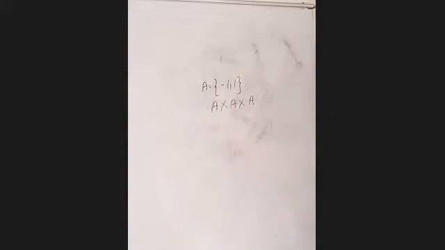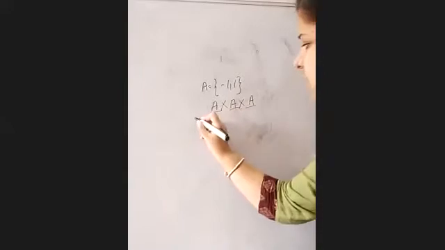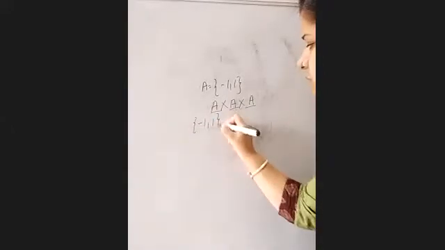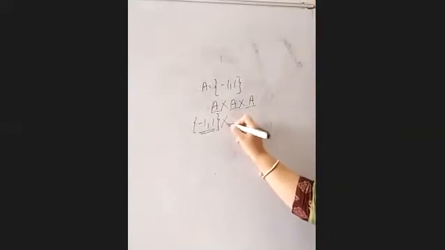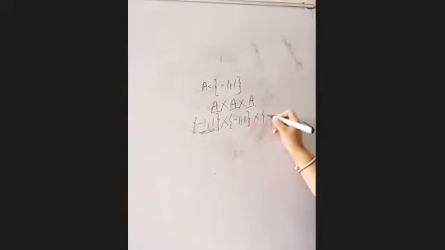Yes, we can make the ordered pairs accordingly. A cross A cross A. So first write the elements of A, minus 1, 1. Then with that again minus 1, 1, and with that again minus 1, 1. Clear? Okay, now solve it.